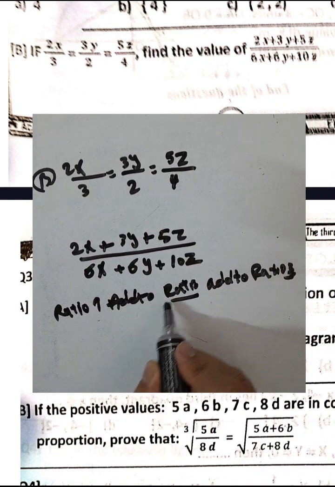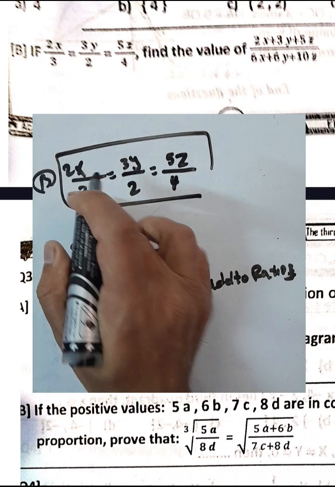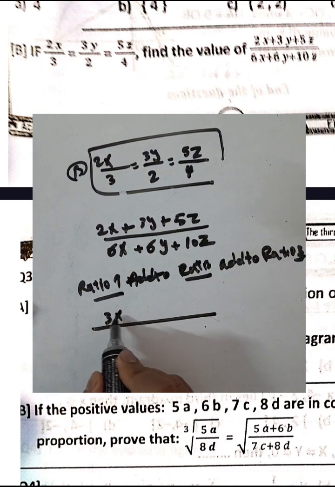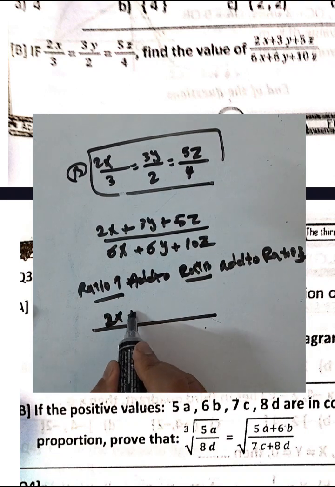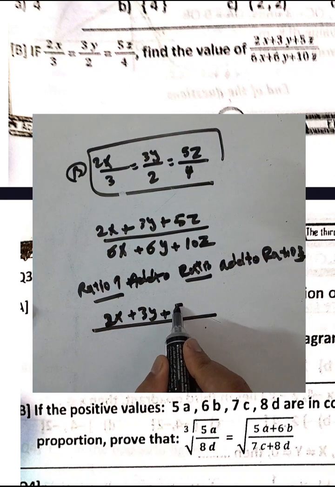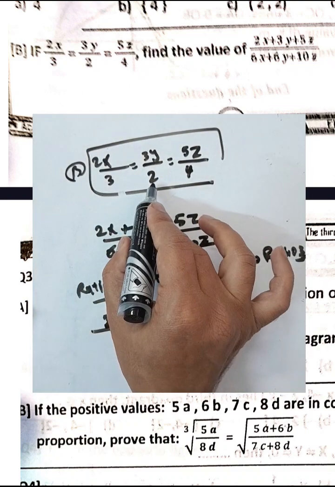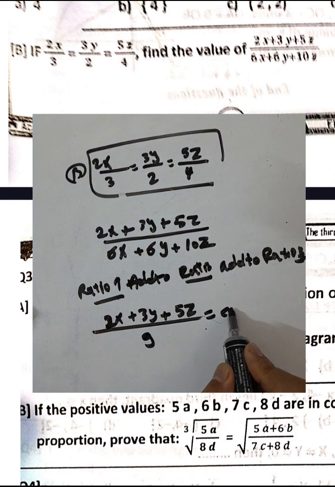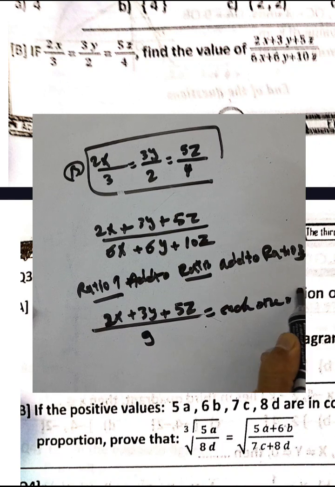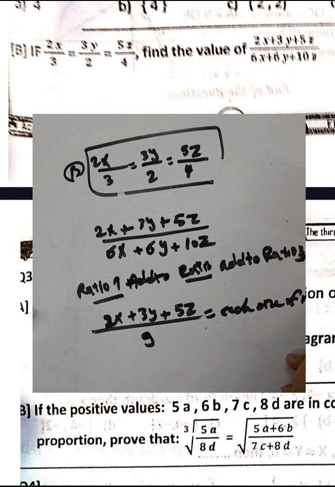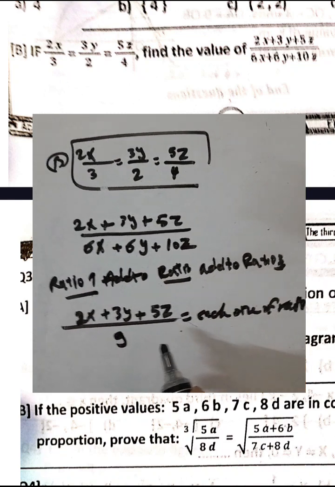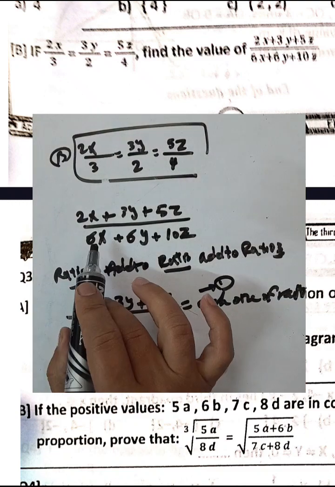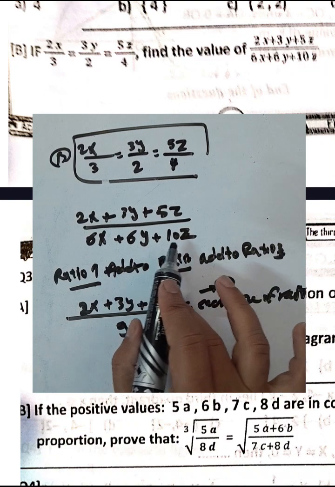Then you can write 2x plus 3y plus 5z over 3 plus 2 plus 4, it will be 9, equal each one of the ratios. It's relation number 1. And you want to find 6x plus 6y plus 10z.